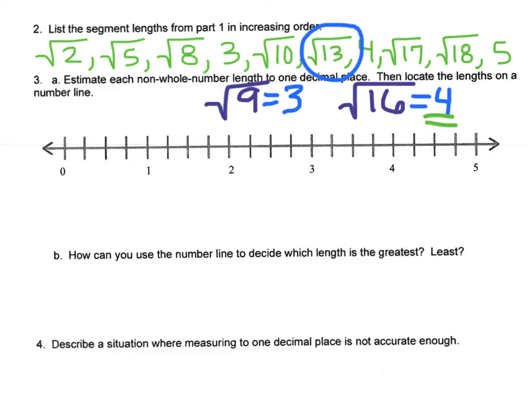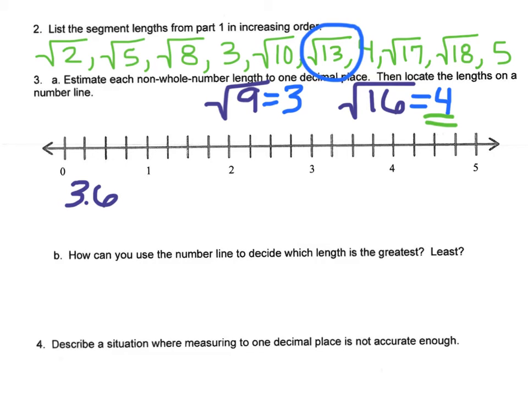So now I know that the square root of 13 is somewhere between 3 and 4, but closer to 4. So to try and figure out the value of the square root of 13 to one decimal place, I'm going to start by just picking a decimal number between 3 and 4 that's closer to 4. And the first thing I think I'll try is the number 3.6.